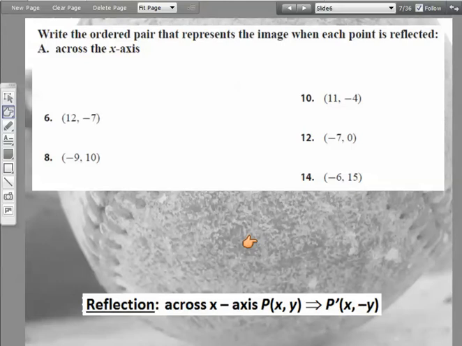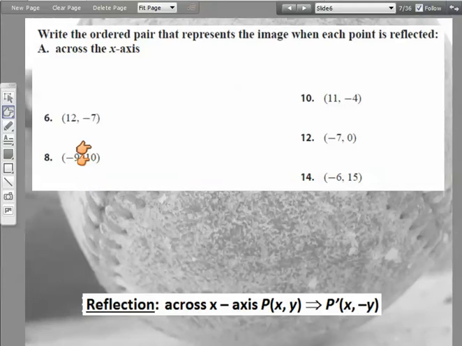Just let that sink in for a second. Your x value will stay the same, your y will become the opposite sign. So here you have a 12, it will stay a 12, this -7 will become a +7. Here you've got a -9, it's going to stay a -9, but this +10 will become a -10.